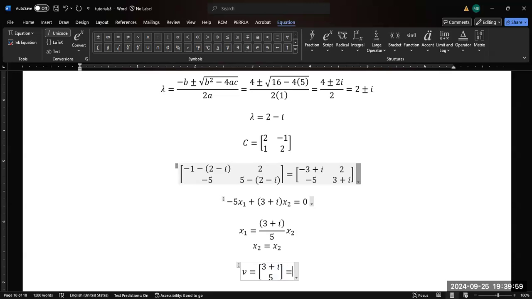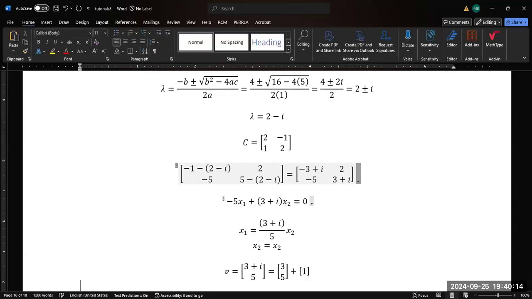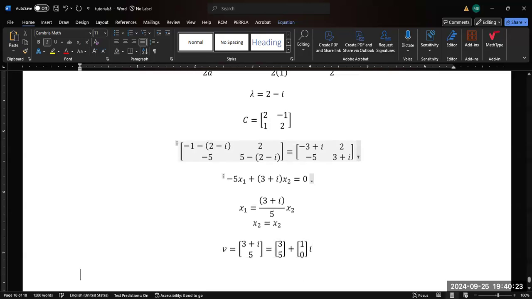And the real part of v is going to be 3 and 5. And the imaginary part is going to be 1 and 0, times i.